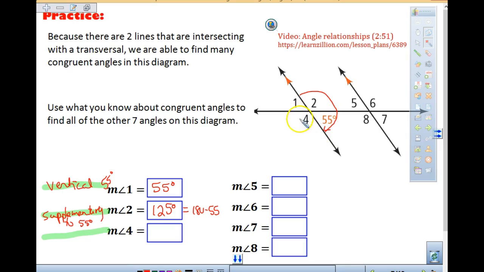They're also supplementary, so 4 is supplementary to the 55 degrees, but it is vertical to what? To angle 2. So if 2 is 125, 4 has to be 125. These two have to be the same. They're across from each other, they're vertical.